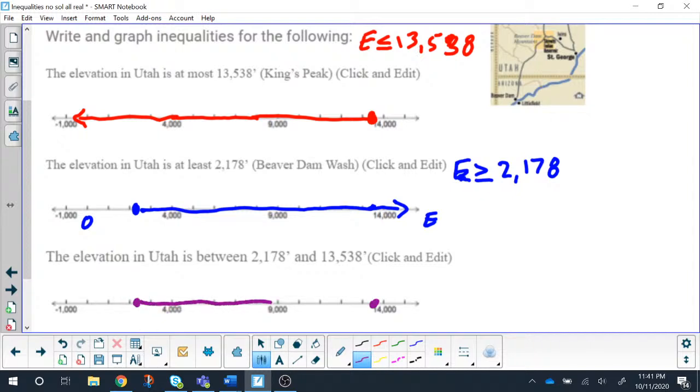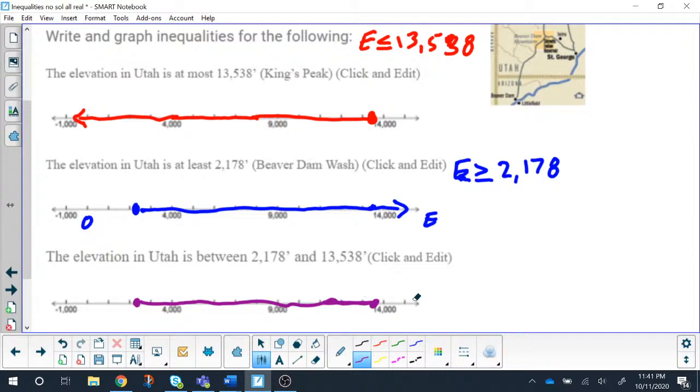And so this graph is shading all the possible locations in Utah. If you're in Utah, you're somewhere in this purple region, which would be between Beaver Dam and Kings Peak.